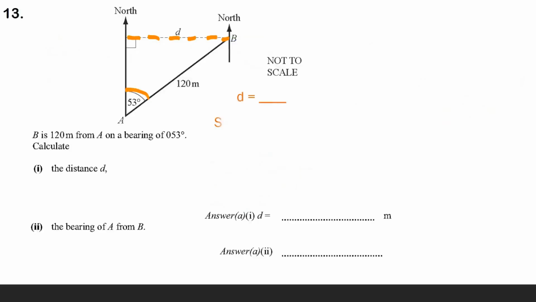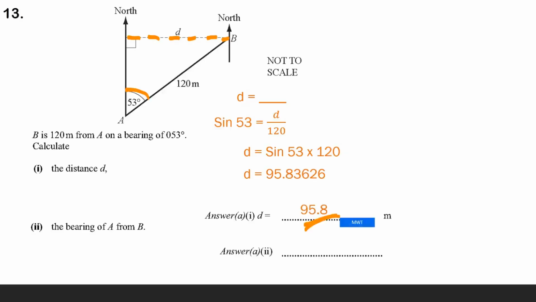D is equal to the sine of 53 degrees, opposite over hypotenuse. Hypotenuse is 120. So cross multiply, D is equal to sine 53 times 120, and the value of D is 95.9 meters, rounded to 3 significant figures.